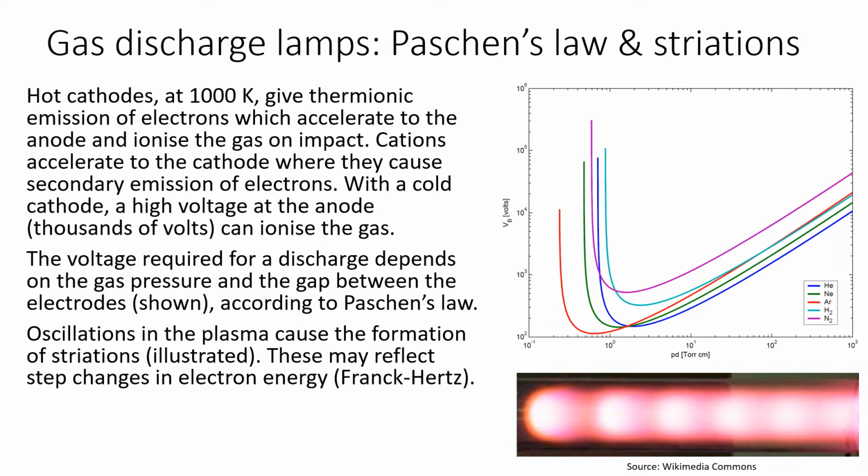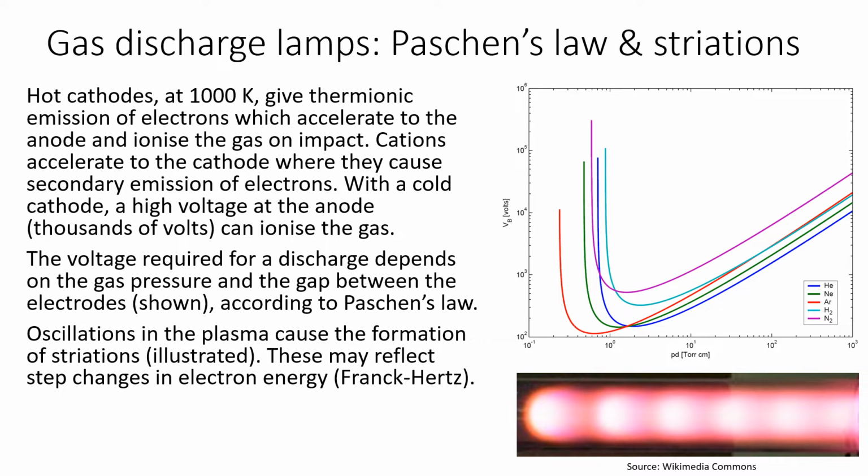And then this picture on the bottom right there, this is something that you often observe in these glow discharge tubes, these so-called striations. So you can see it looks like they're these sort of little blobs of extra intensity of light there. It's like beads of more intense light, these so-called striations. And so there's something going on here.